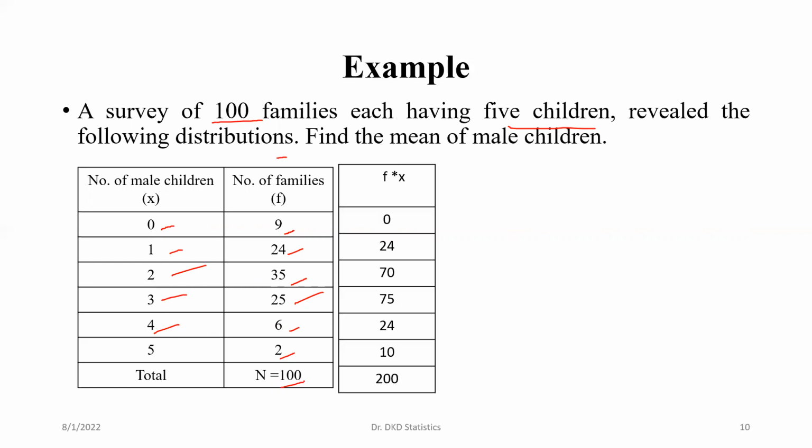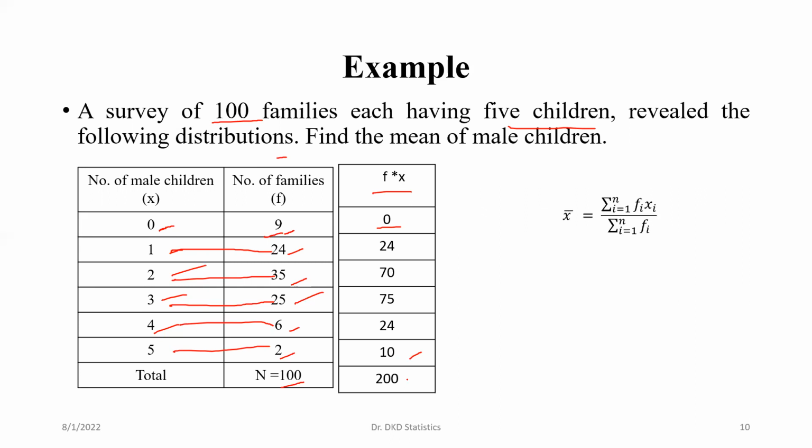Now we can calculate the fx values. How will we get fx? This x multiplied by f will give this value, so all the corresponding values will be multiplied: 2 multiply 35, 3 multiply 25, 4 multiply 6, 5 multiply 2 equal to 10, and we add all the values, which gives 200.